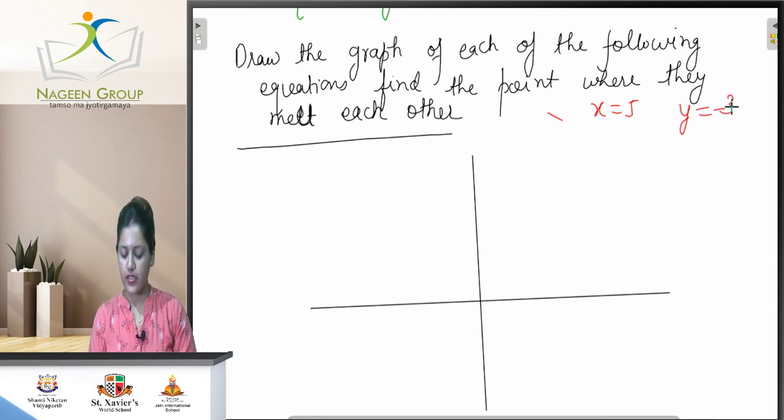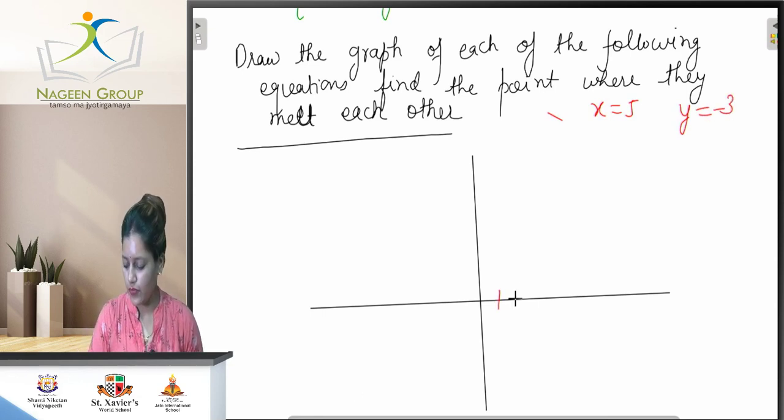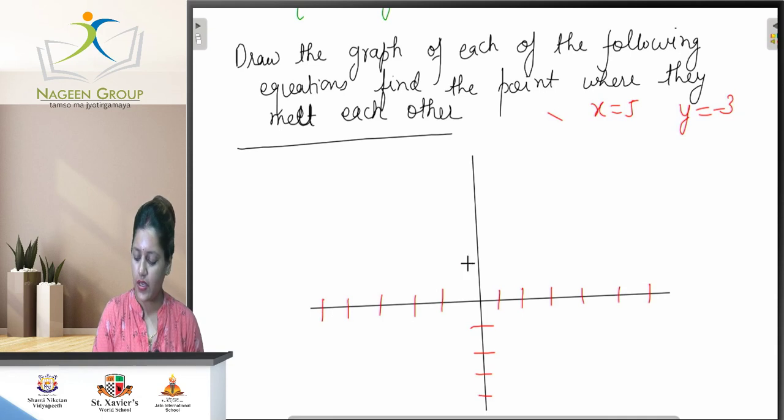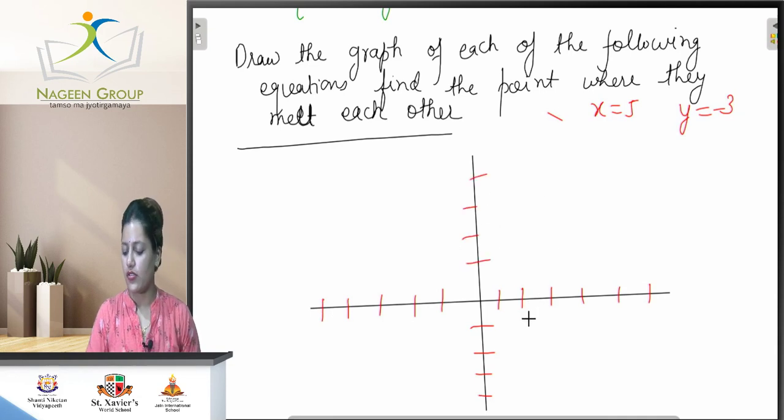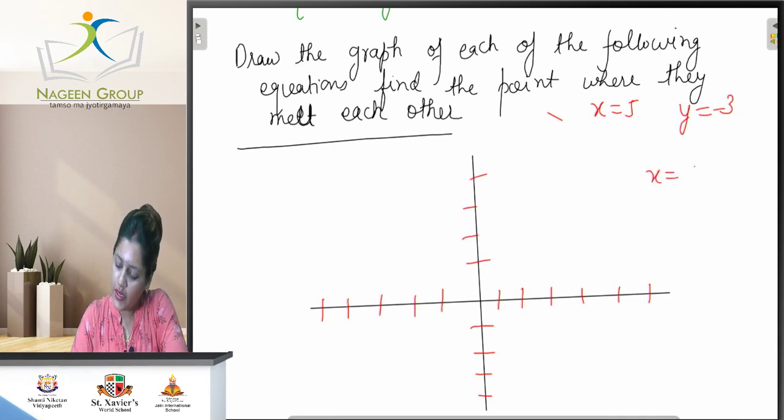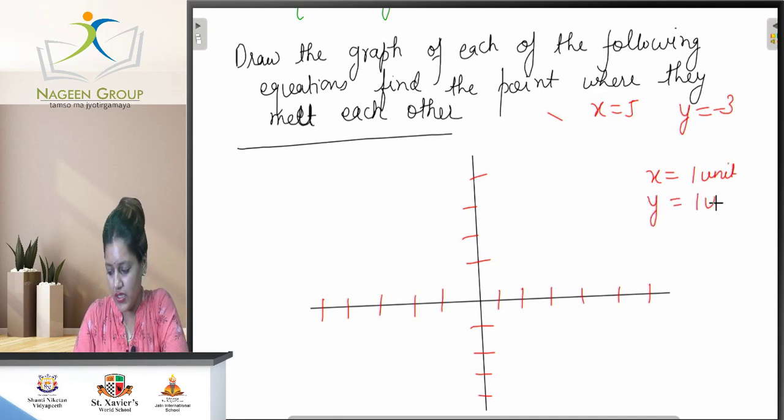So when x is equal to 5, you have to put 1 2 3 4 5 6, 1 2 3 4, 1 2 3 4 5, 1 2 3 4. You have taken x is equal to 1 unit and y is equal to 1 unit, means you have taken a difference of 1 unit between them.